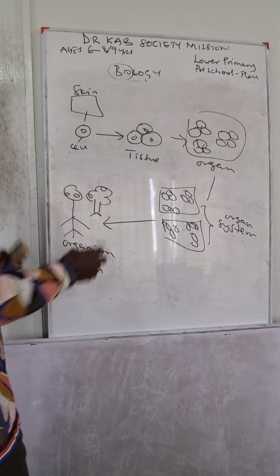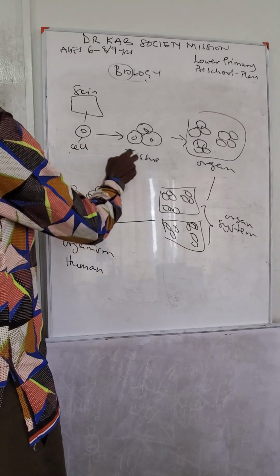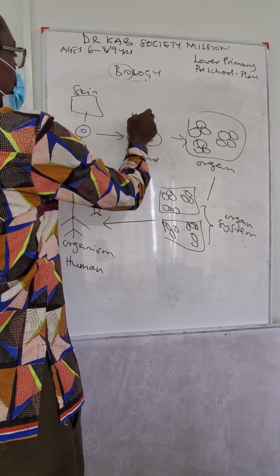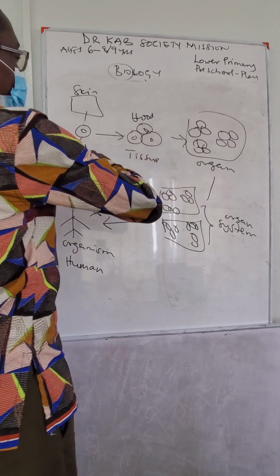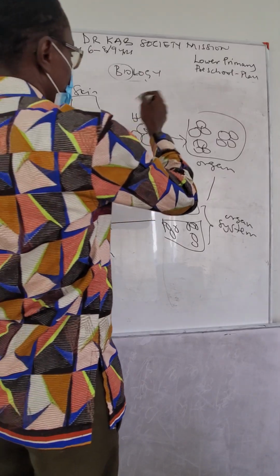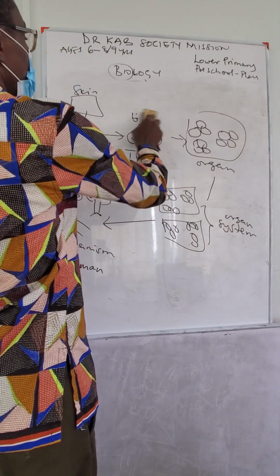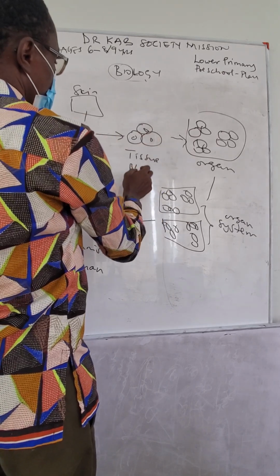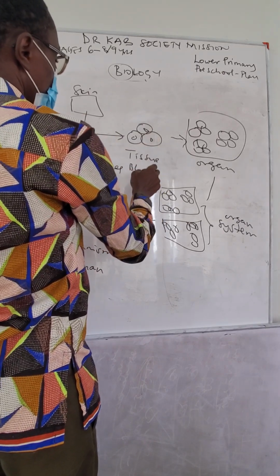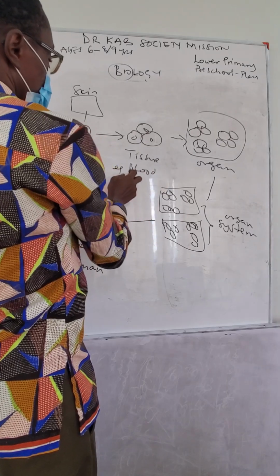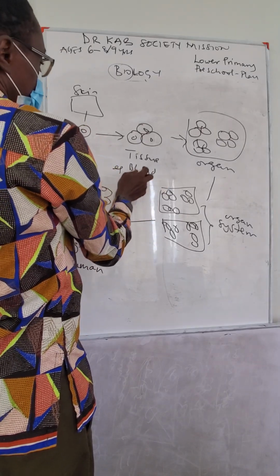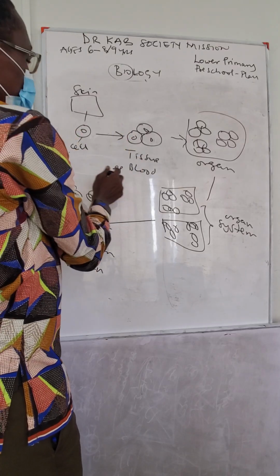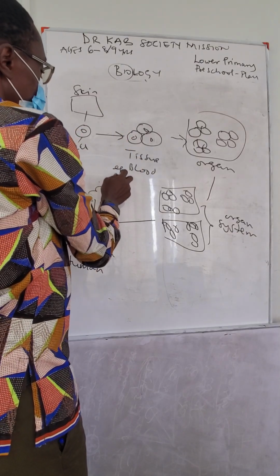So this is tissue. This tissue can be blood tissue. Blood cells come together. Take our blood, a lot of cells coming together, like the white blood cells. Or we can also see the epithelial tissue.